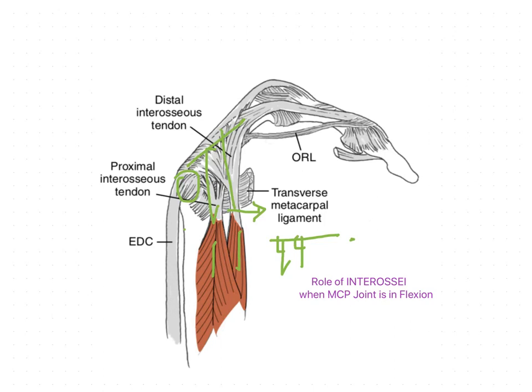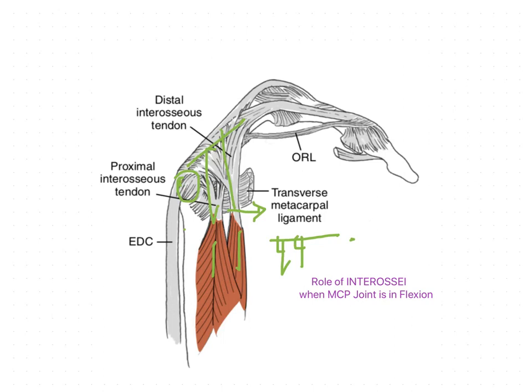So not only the action of these muscles, but also the collateral ligaments of the MCP joint become taut during MCP flexion. The tension in the collaterals gradually diminishes the range of deviation available in full MCP flexion.